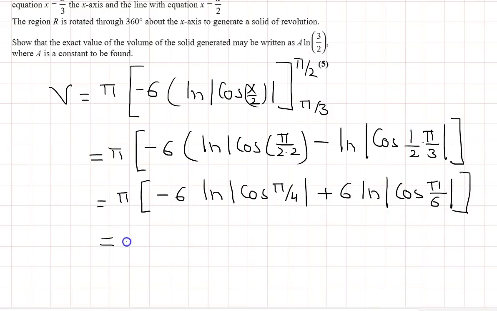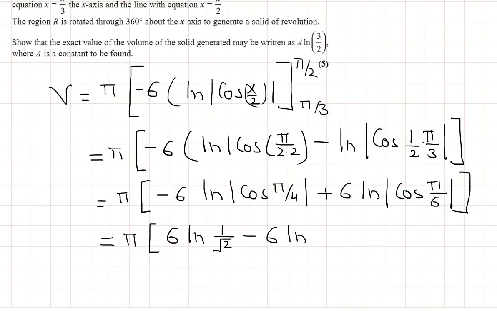So this is equal to pi. Let's write this value: cos pi over 4 is 1 over root 2, minus 6 ln, cos pi over 6 is root 3 over 2, and this one is 1 over root 2.